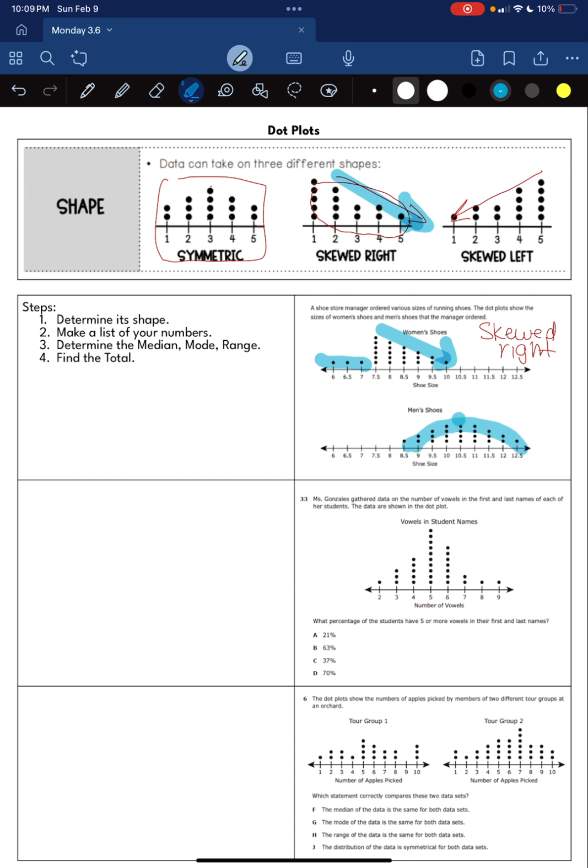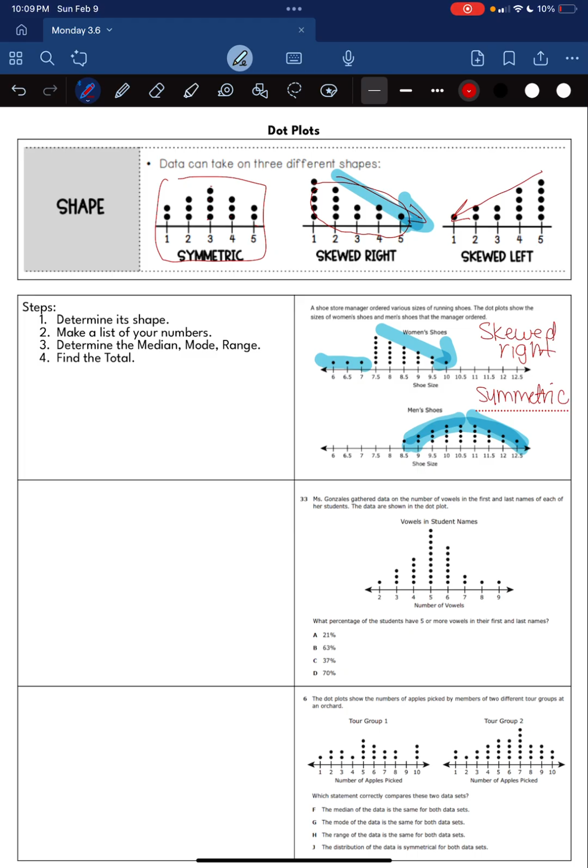It'll kind of skew here and then it kind of skews here, but it's pretty equal. So we're going to say that this one is symmetric. Okay. So if there was a question asking you about the shape, you should immediately be able to say that women's shoes skewed to the right while men's shoes was more symmetric.